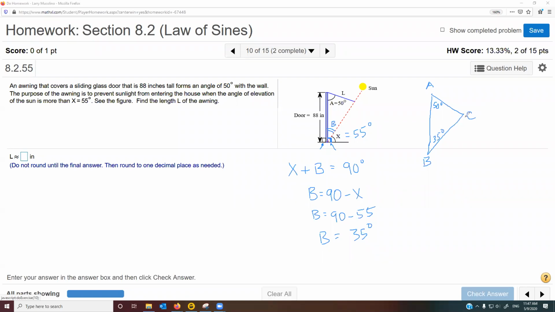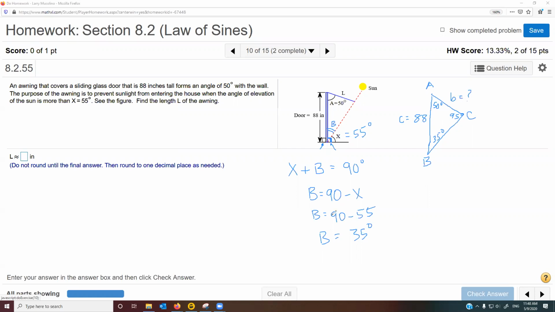Well, of course, that means I can figure out angle C using the fact that all three angles have to add up to 180 degrees. So it looks like angle C must equal 95 degrees. Okay, and they gave us that the length of this side was 88. We're going to call that side C. And really the question here is find side B.